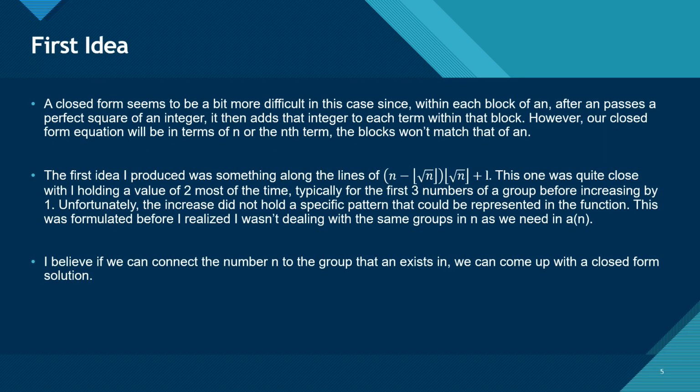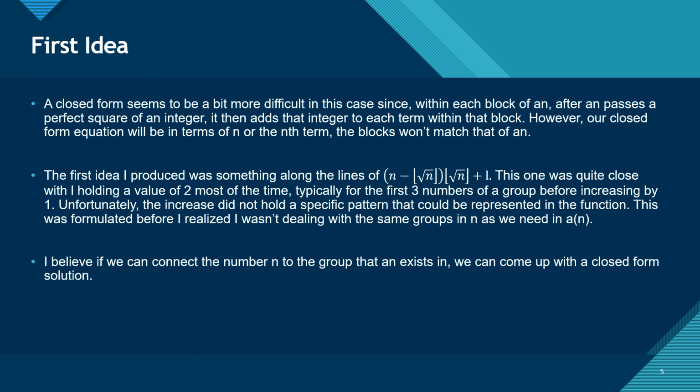Initial thoughts on our closed form equation for this recurrence is that at the very least, it's going to be quite difficult because, first thing to notice, our terms are increasing by increments of the highest perfect square root under that number.